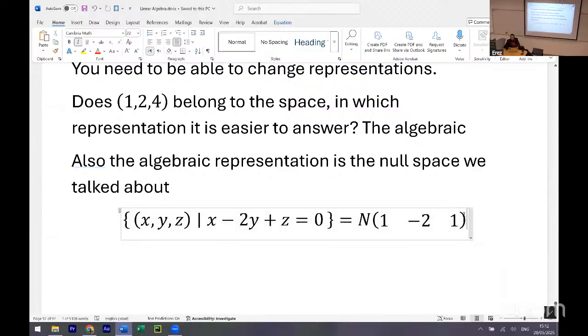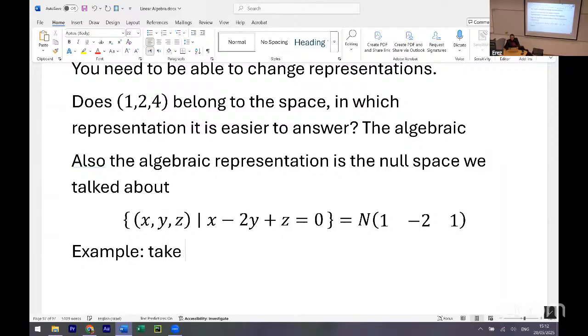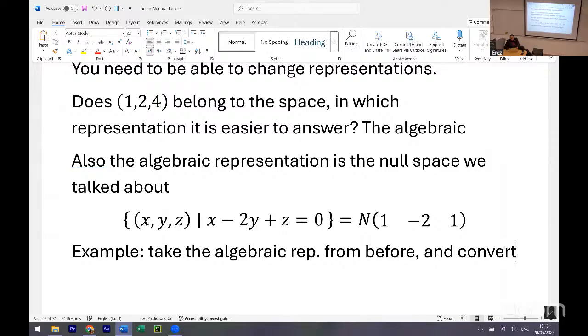Example. Take the algebraic representation from before and convert it to geometric.